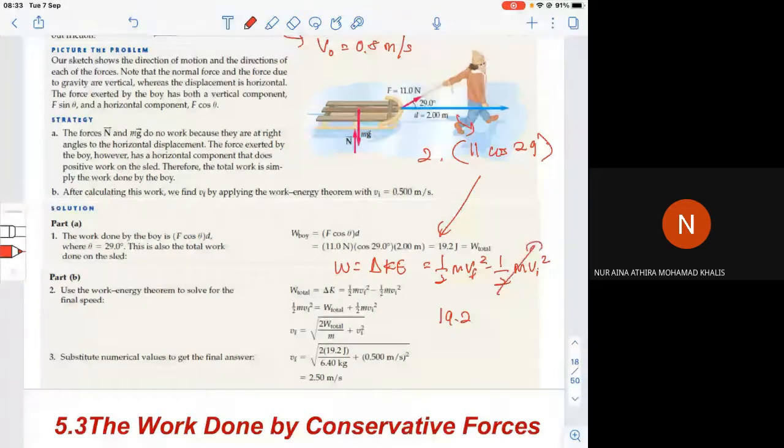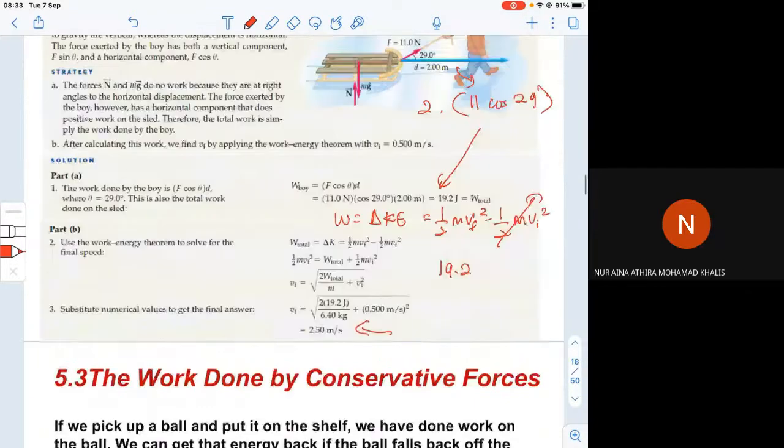This one is not 0 because V initial is 0.5. So you need to add everything in order to get VF, and simplify the algebraic equation to get 2.5 meter per second.